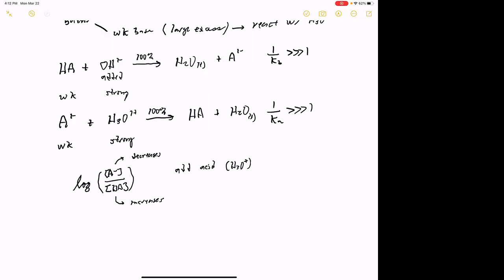What if I added an excess of acid to my buffer? Well, think of it as a limiting reactant problem. Go back up to this second reaction equation. What if I had 0.1 molar of this, but I added 0.15 molar of that? What would happen? You're just going to have acid at the end.